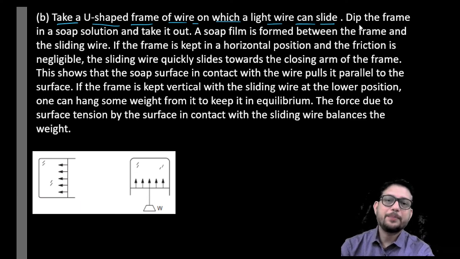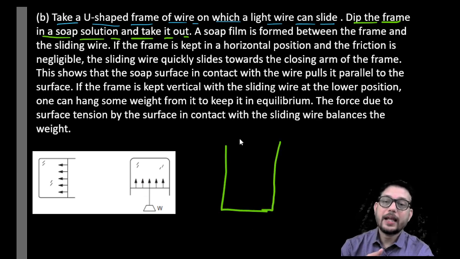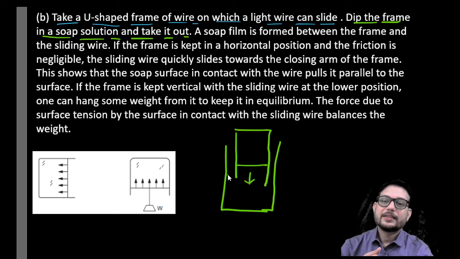Now dip the frame in a soap solution. Again soap solution we are using here, and take it out. Means we can simply say that we have taken a container filled with soap solution and the frame is dipped in it like this way. This is your soap solution, we assumed that.